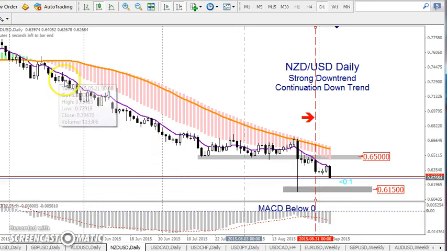Next chart, we've got the New Zealand USD. Here you can see price was going down, down, down until it hit this gray rectangle area, which is considered support. It was a major support, and it held for about 3 weeks until price right here broke down below the support area, indicating that sellers are gaining control with this huge momentum candle here.